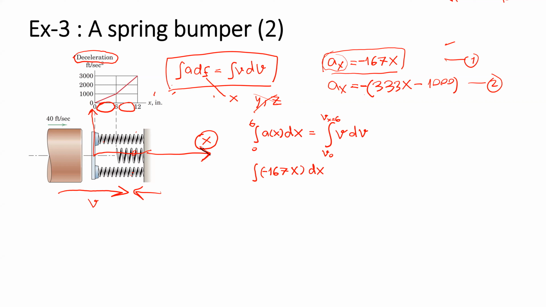So the direction of the acceleration is going toward the left hand side, in the negative x direction. If we consider only the magnitude of the acceleration, we get this number.